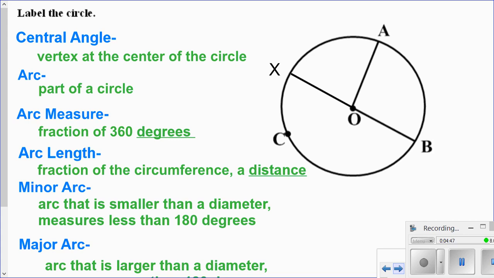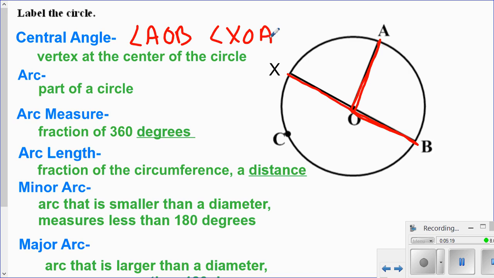So one central angle of this circle would be angle AOB. Angle AOB is a central angle because it has its vertex on the center of the circle. Another central angle would be angle XOA. Angle XOA is also a central angle.